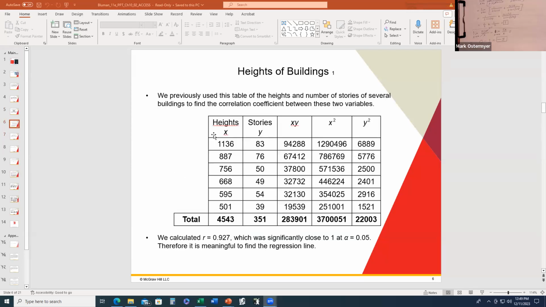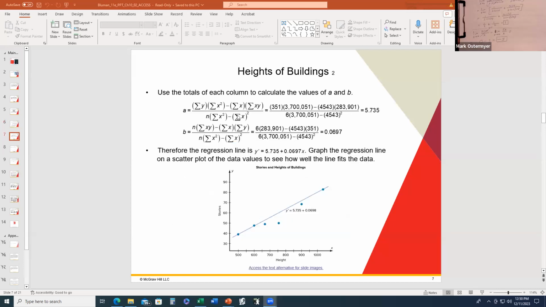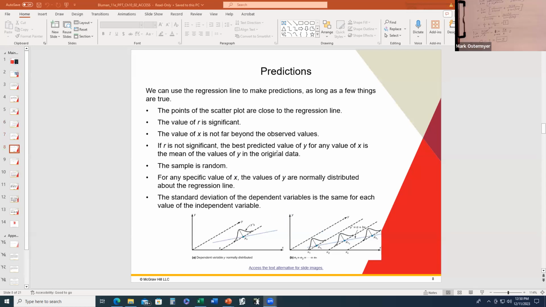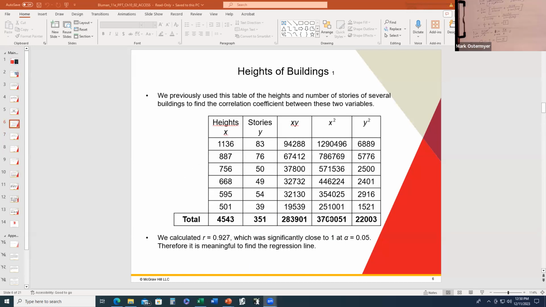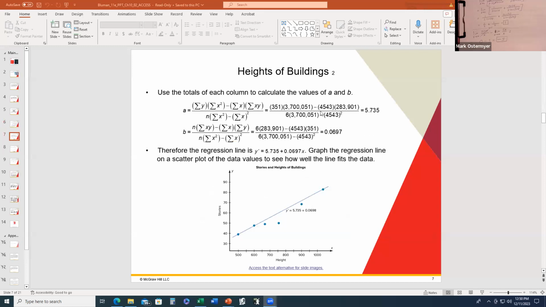So in for the sum of y, we substitute in 351. In for the sum of x squared, we substitute in this big old number here, 300,700,051, et cetera, et cetera. Notice we had, was it 6 ordered pairs there?